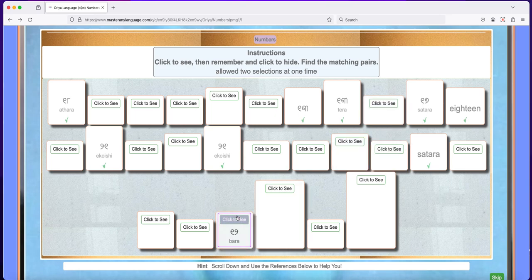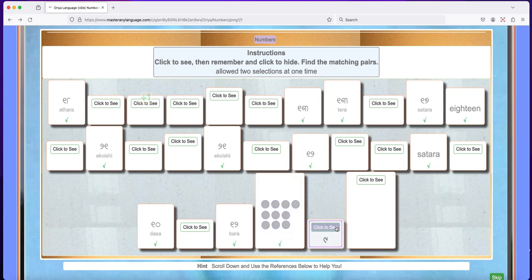Unless Shatiye, that Bara. Bara must be 12. Bara's 12. Oh, look at this. This is a long word. Maybe that's numbers. Dasa. I don't know what that one is. And Chahar is, that's probably 4.